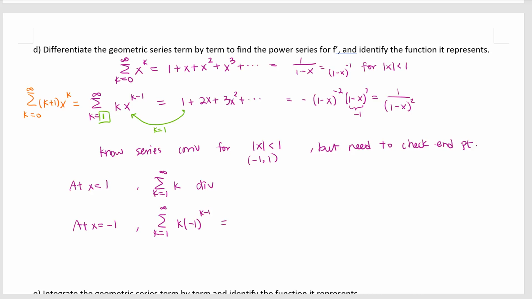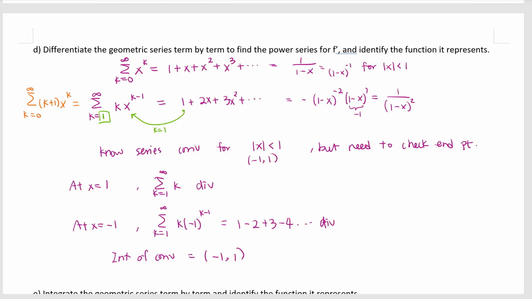When you plug in k is 1, you get 1. When k is 2, you get negative 2, then plus 3, then negative 4. You can see it alternates and it also diverges. So in this case it diverges at the endpoints. So the interval of convergence is minus 1 to 1, not including the endpoints. So far, so good, everybody?